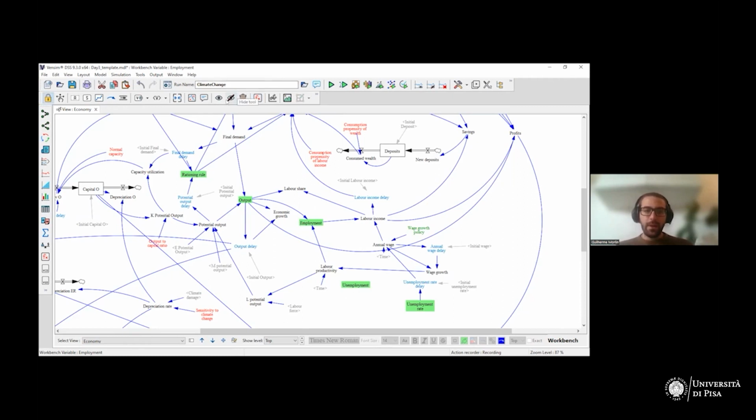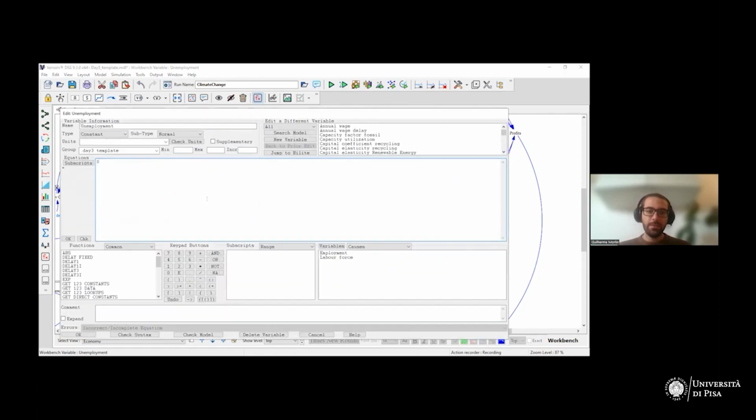Then we can calculate the number of people that are unemployed. So I just subtract those that are employed from the total labor force. We can open an unemployment variable: labor force minus employment.